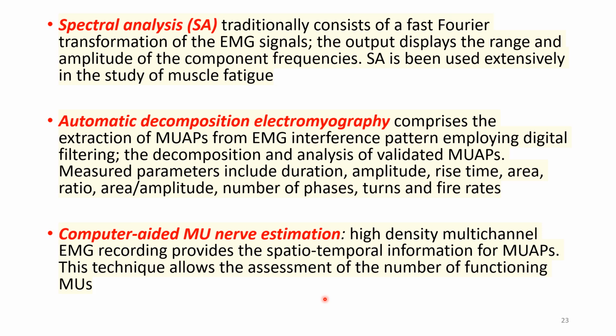It will give spatio-temporal information, so in which space how many motor units are functioning and how fast they are recruiting. From all these things, you can study the EMG and know any pathology, that is neuropathy or myopathy.